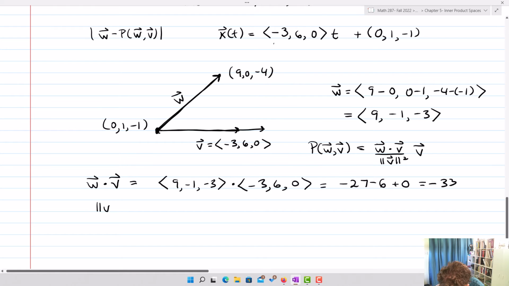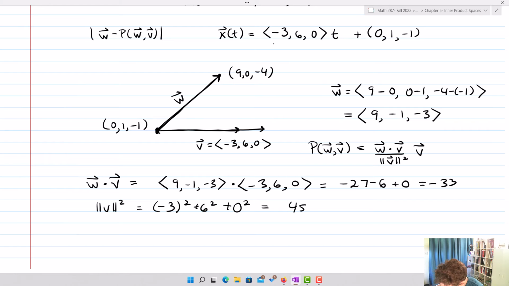The magnitude of V squared is -3 squared plus 6 squared plus 0 squared, which is 9 plus 36, so that's 45.